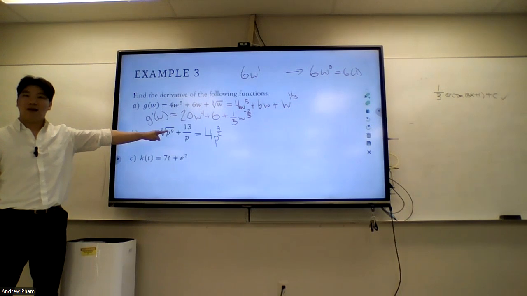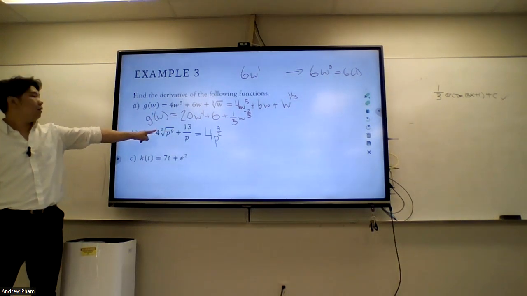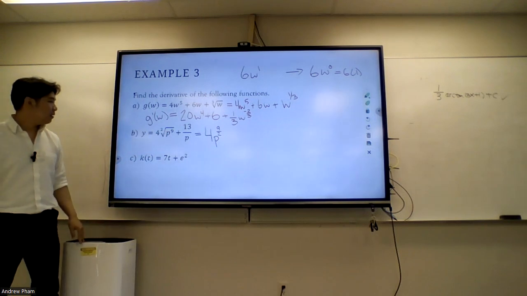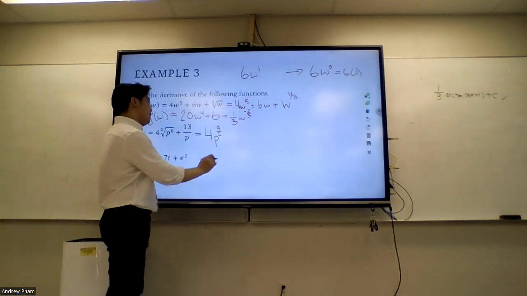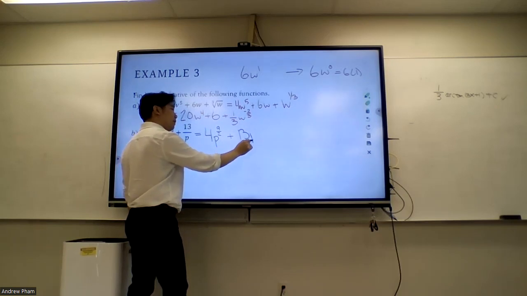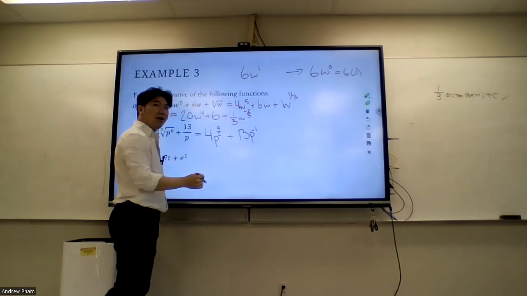Again, power on the inside goes on top. This radical, whatever it might be, goes on the bottom. What about 13 over p? How might I rewrite that? I know I have 13. What happens with the p? Yeah, it becomes p to the -1 power.